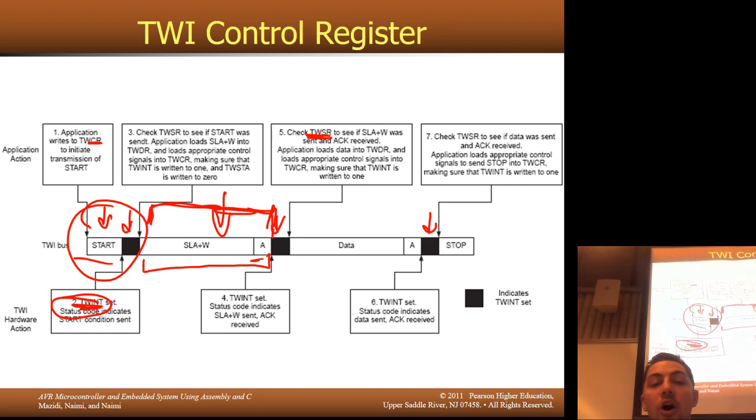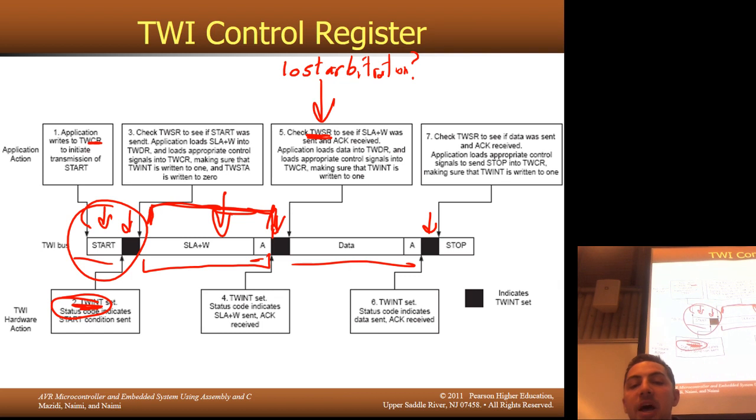So, if you lose arbitration, the status register would tell you about that. If you lost arbitration, you stop. You don't continue. But if everything is fine and you're still good, then you send data.